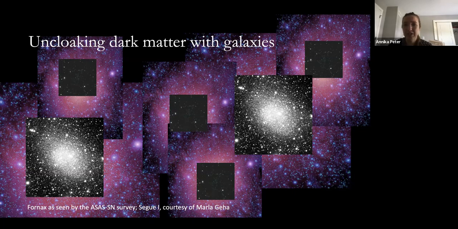This galaxy is pretty close to the Milky Way, and in fact we are only able to detect it because it is so close. And then this here is an image of the Fornax dwarf spheroidal galaxy, which is the largest non-disrupting dwarf spheroidal satellite of the Milky Way. This is an image that I made using data from OSU's ASAS-SN survey.